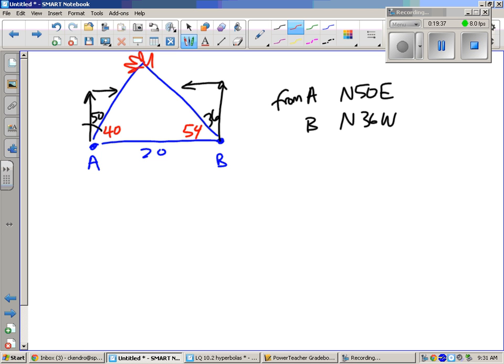Now given those, the question I want to know is how far is the fire from A? Okay, how far are we from A to get to that fire? So what we need to do is find this distance.